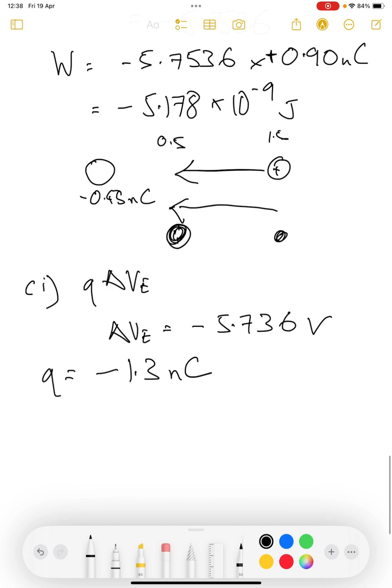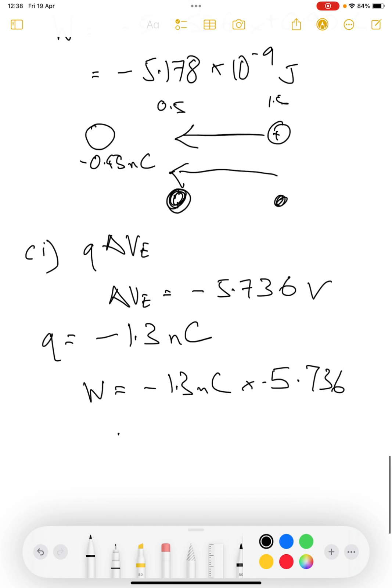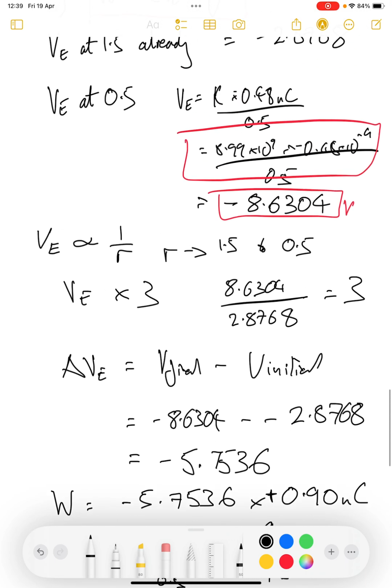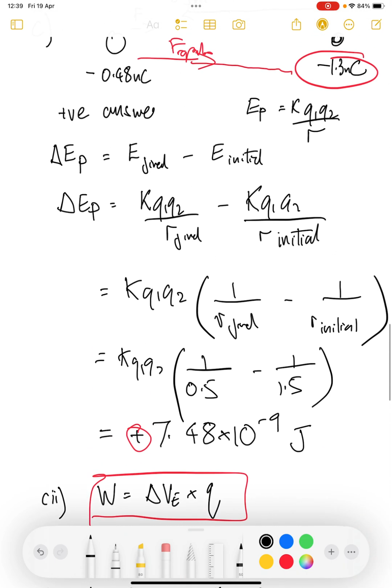Now, our work done is equal to minus 1.3 nanocoulombs times by minus 5.736, which gives us an answer of 7.47 times 10 to the minus 9 joules. Negative, negative. That's positive, which actually does match what we did here.